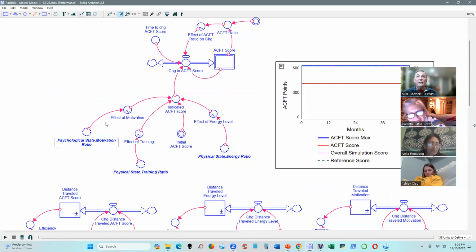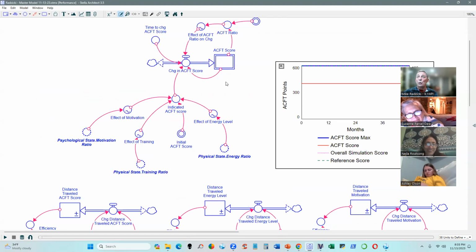And then in the performance area, you get a score, your current score, and that's based on, well, what's your energy level, how much are you training, and how motivated you are. So you can be highly motivated with a lot of training, but you're exhausted, so you don't do well, right? You can have a lot of training, a lot of energy, but you just don't care, and so on and so forth.